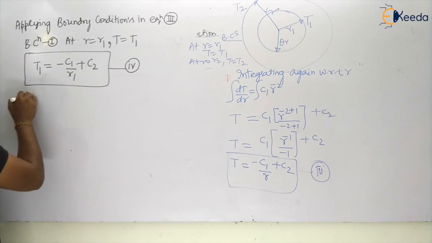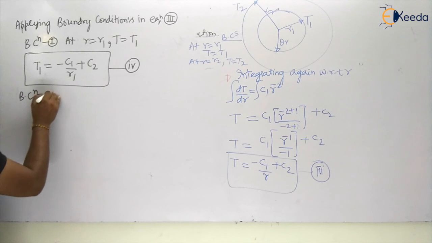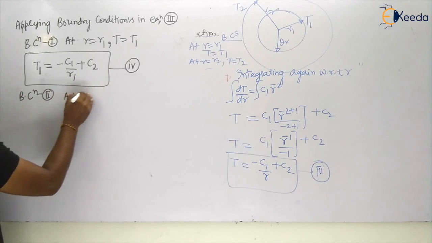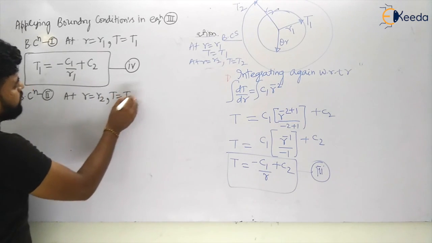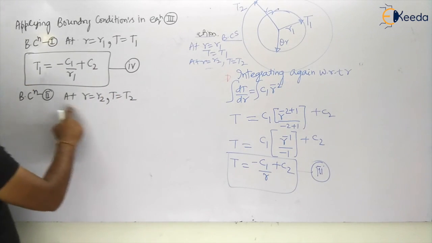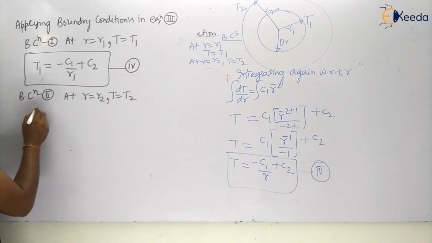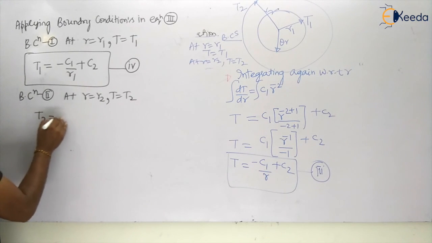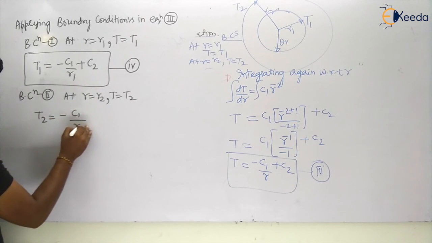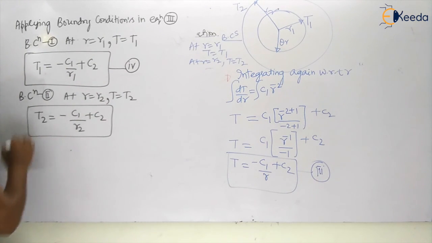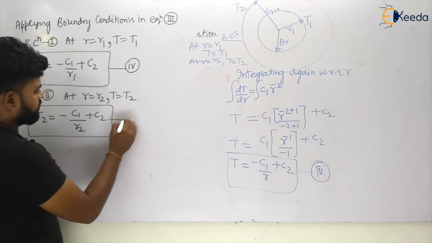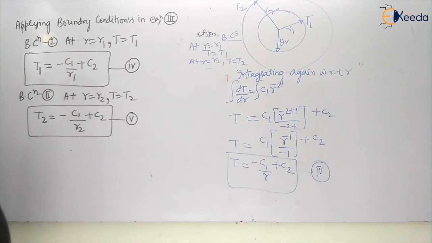And again applying the second boundary condition, that is at r is equal to r2, T is equal to T2, my dear students. Putting this boundary condition in this equation, this will become T2 is equal to minus C1 divided by r2 plus C2. Clear. Now this is equation number 5.